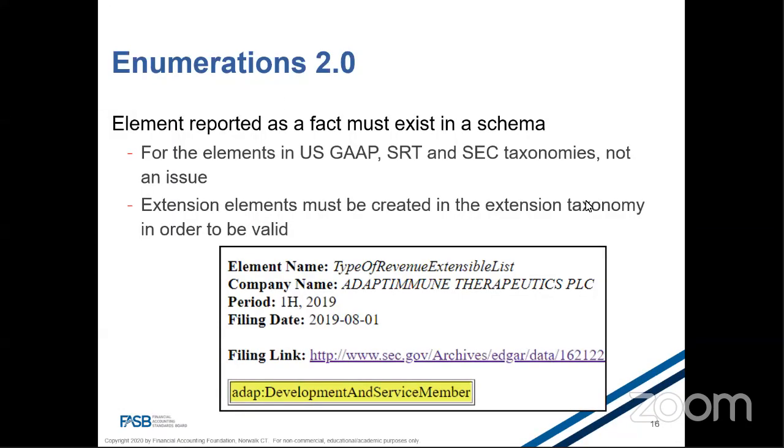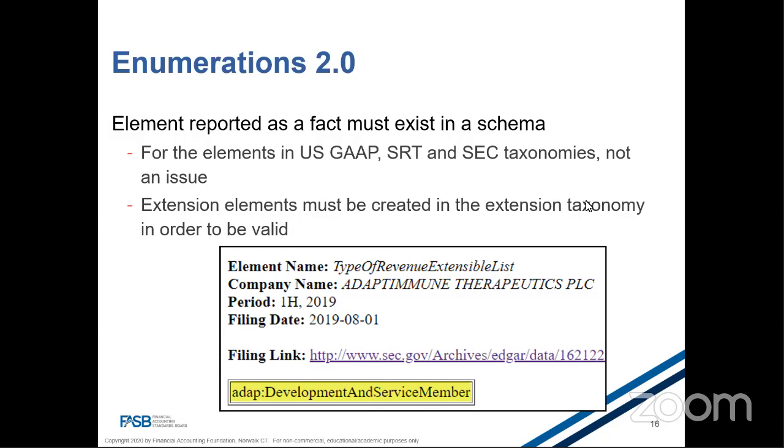Okay, so the next item required, the primary requirements to get it, is the element reported as a fact must exist in a schema. And so for any of the elements that are defined in the US GAAP taxonomy, the SRT taxonomy, or any of the taxonomies that the SEC maintains, like country, currency, DEI, all of those, that's not an issue because those are defined in a taxonomy.